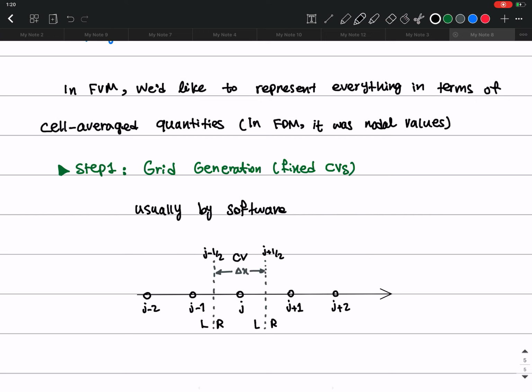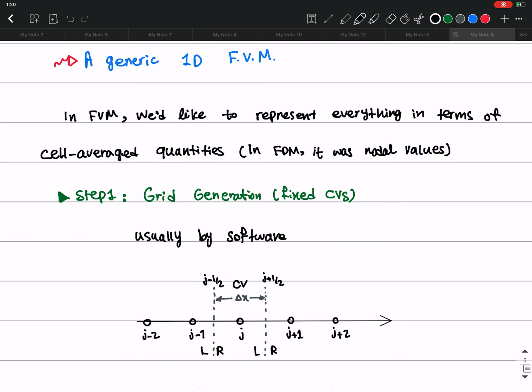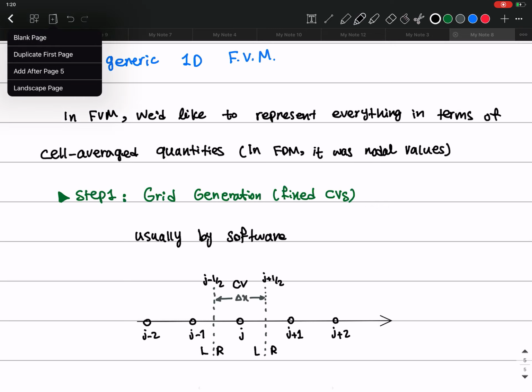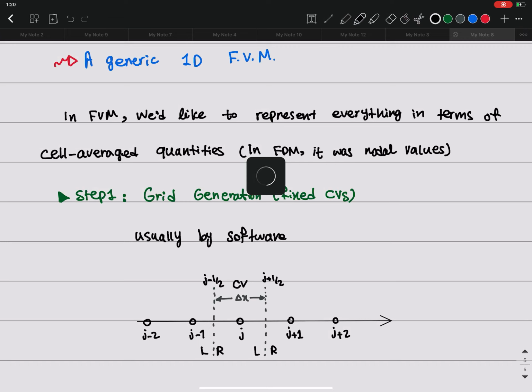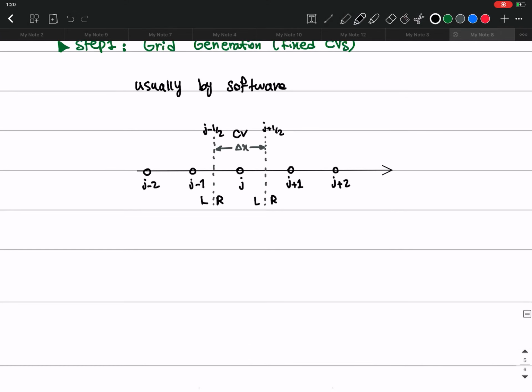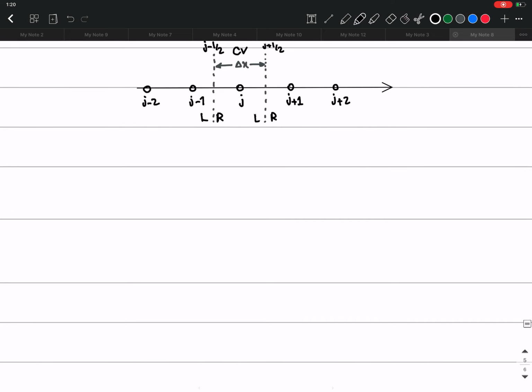So this is a very important topic, but for the sake of this course, I just want to give you a very simple example. This is a one-dimensional finite volume method, okay? So this is the first step. You generate a grid either with software or yourself. For a one-dimensional one, you write it yourself, and this can be a representation of that.